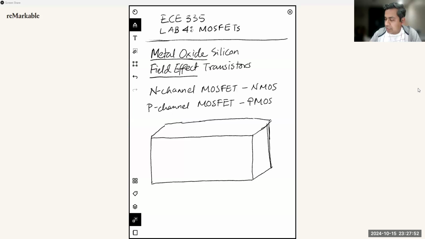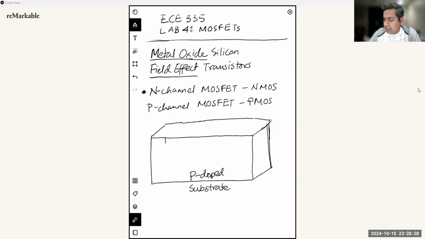We will go over the N-channel MOSFET first, and then we are going to talk about the structure of the P-channel MOSFET. The N-channel MOSFET usually has a P-type doped substrate, which is doped up to 10 to the power 16 or 10 to the power 17 atoms per centimeter cube.